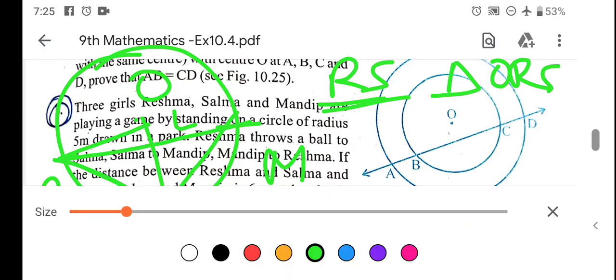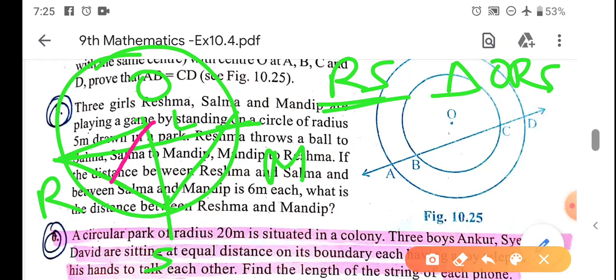I have drawn a perpendicular from O, let it be P. This is 5 because it is a radius, and this distance is 6. The perpendicular is drawn from the center onto the chord RS, so the distance 6 splits into 3 and 3.